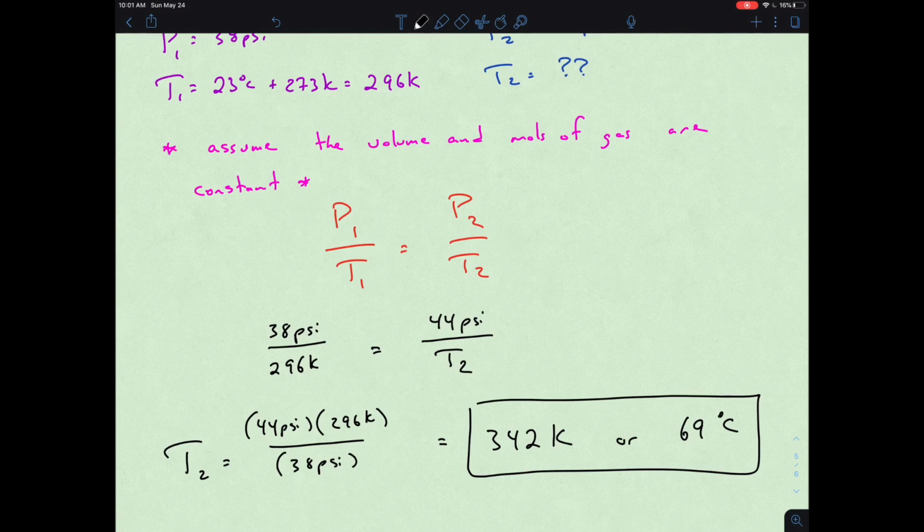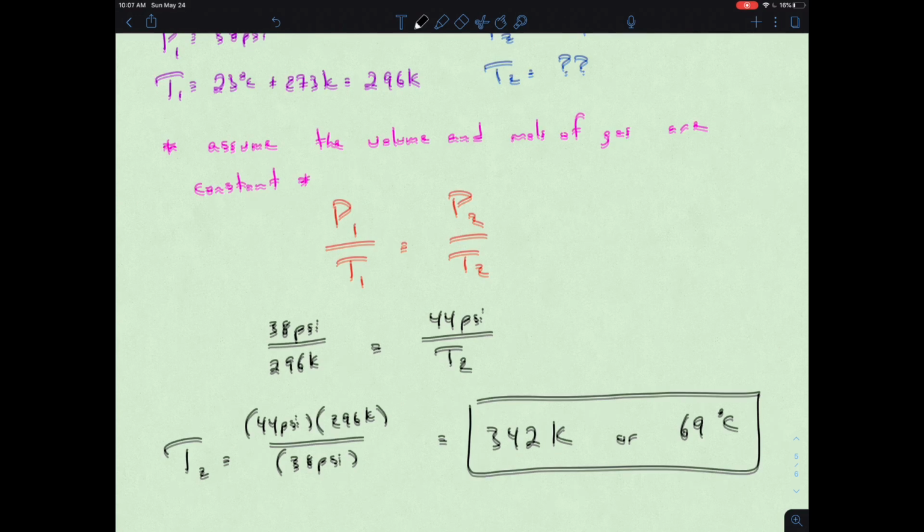So that's the relationship of pressure and volume with regards to temperature, right? Charles looks at the volume-temperature side of that relationship, and Amontons looks at the pressure-temperature side.